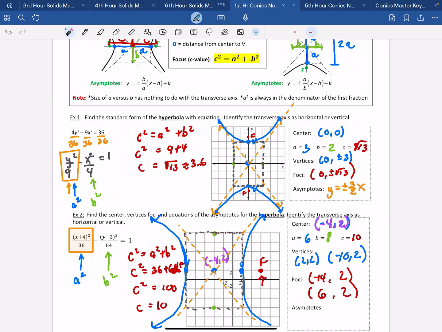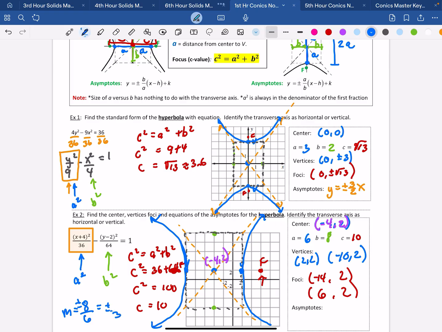So I went up 8 and I went over 6. All right, so up 8 over 6. Now, let's do that off to the side over here. So the slope is up 8 and over 6, and we have a plus or minus, and that would simplify down to plus or minus 4/3.